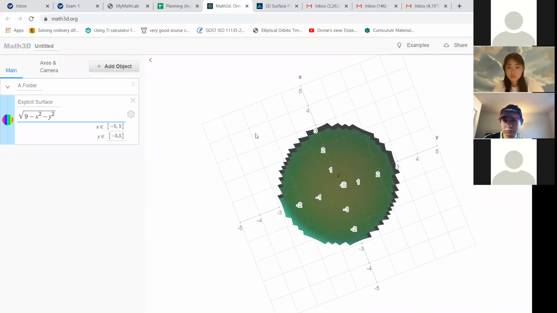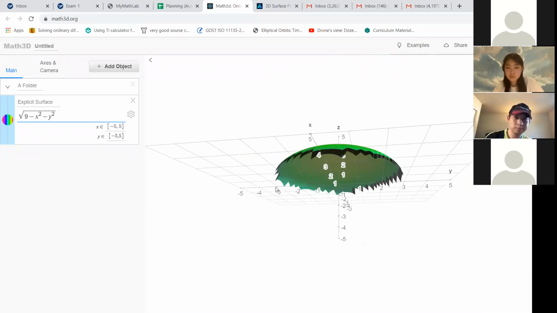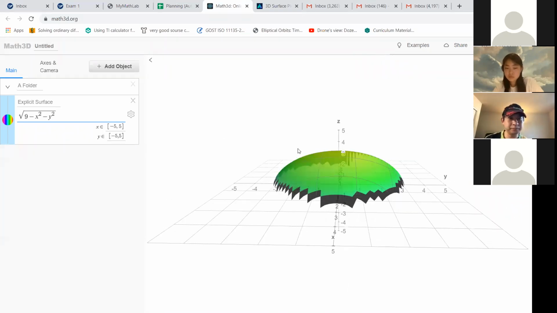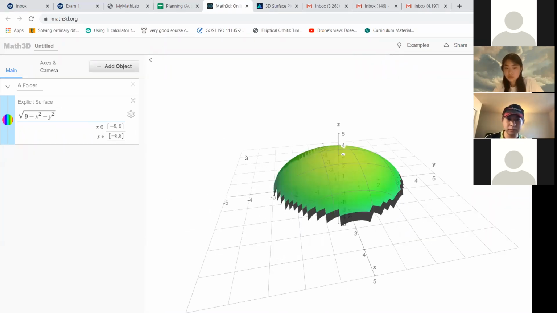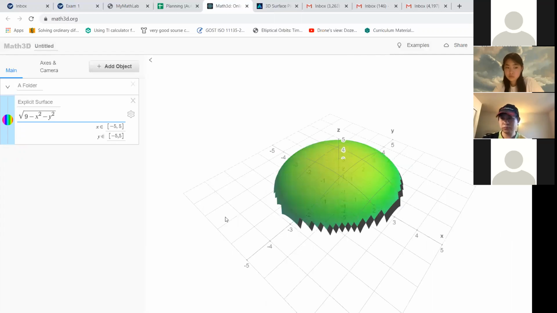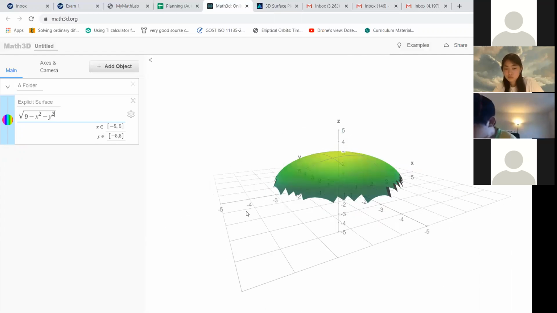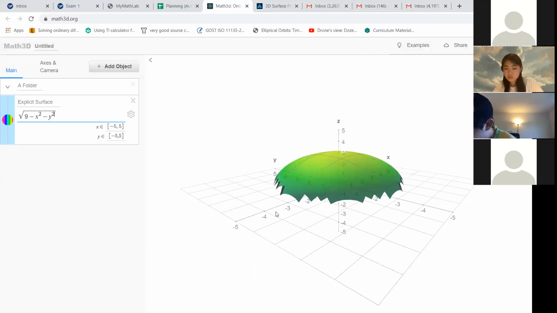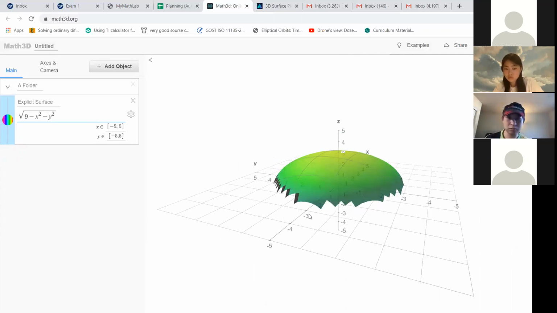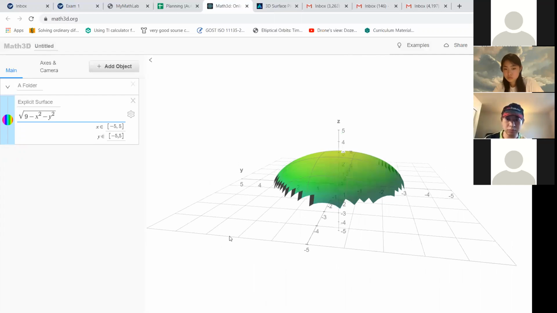That makes sense. Just look at the behavior of this function. If you slice it, the intersection between each plane and the graph are circles.